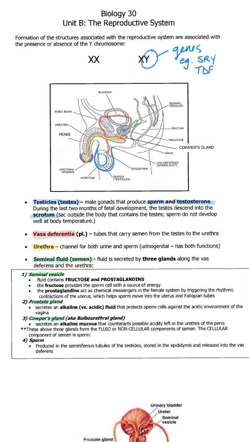So the seminal vesicle contains two substances, fructose and prostaglandins. The fructose provides energy for the sperm. Sperm have a lot of mitochondria in them because they've got a long way to swim, and they're going to need energy from sugar to be able to make ATP to move their tail. Prostaglandins are a chemical that cause uterine contractions.